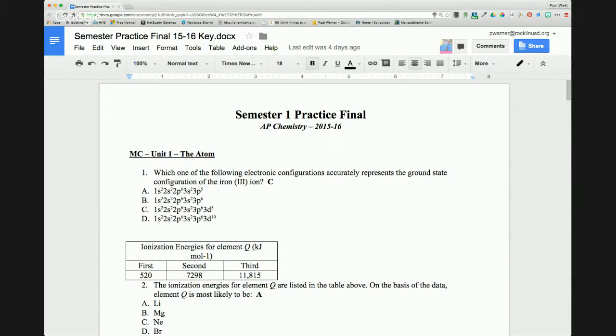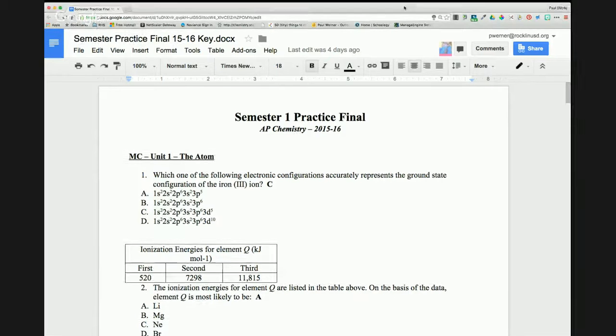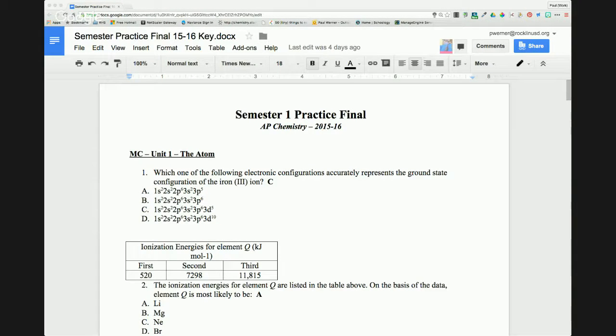So let's look at what the electron configuration would be without being an ion.